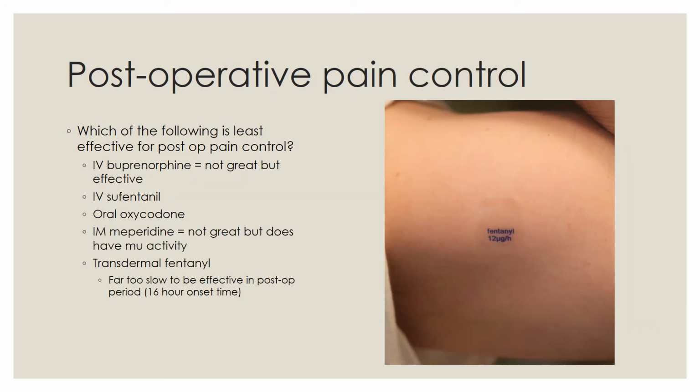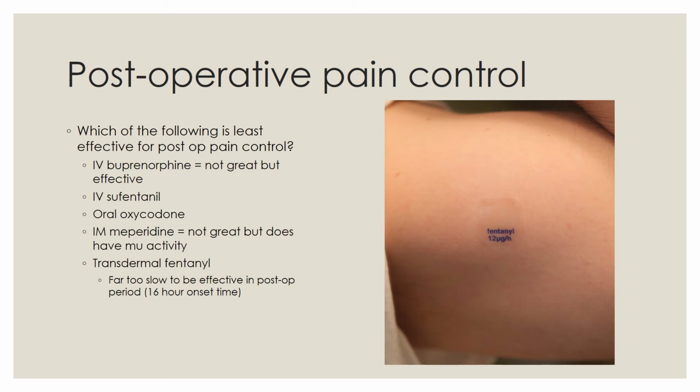All right, there's a question on post-operative pain control and different agents that are used and which agents are not so great. There are many different agents that can be used post-operatively, and there were several sort of off-the-wall options for this question.